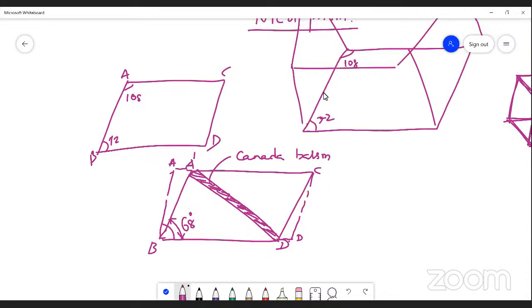Now this angle is 68 degrees and this is almost 90 degrees.